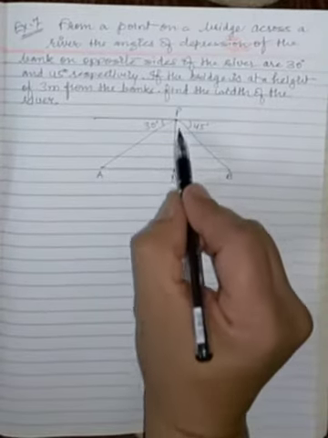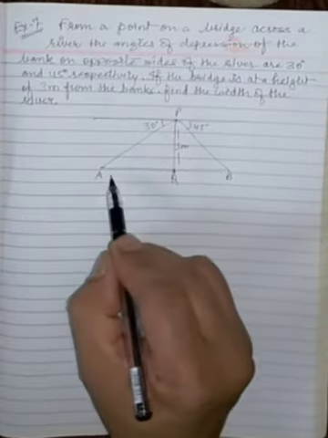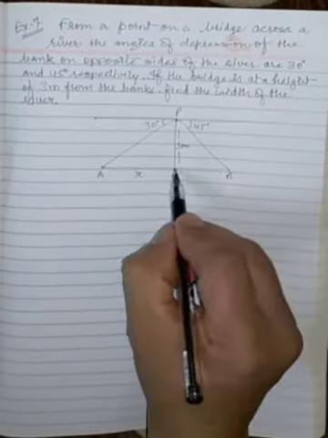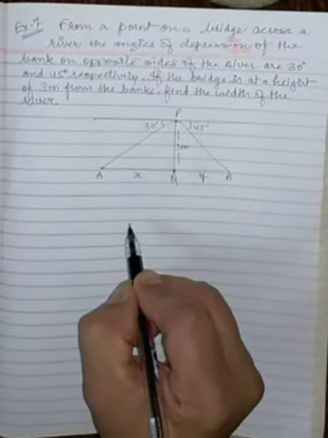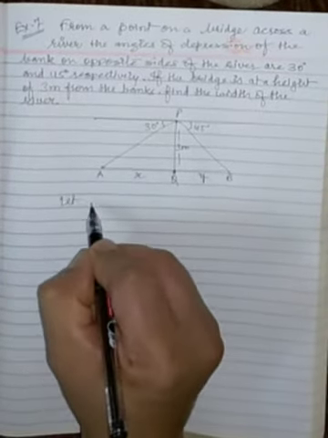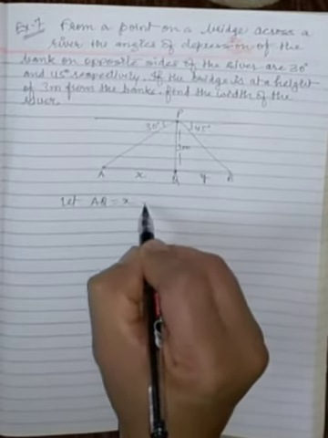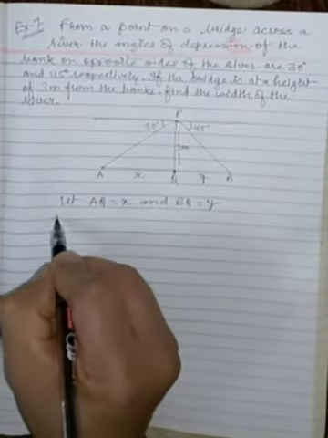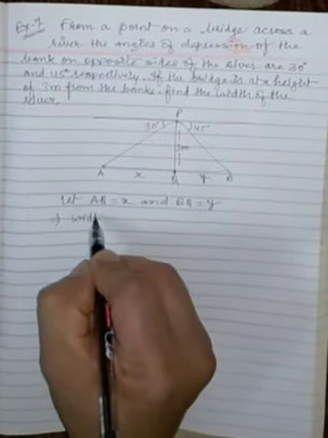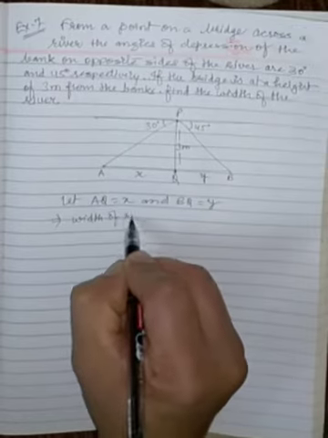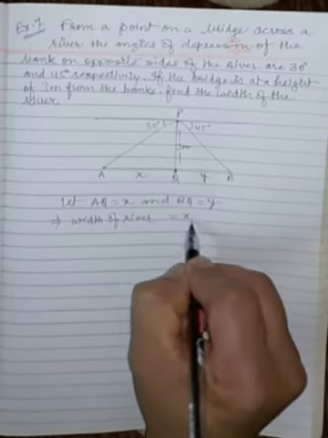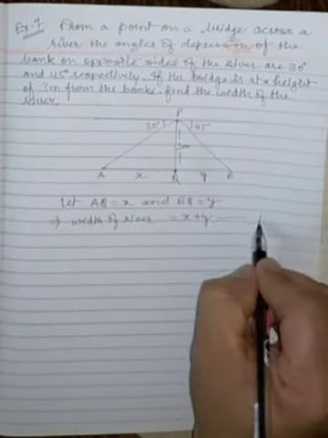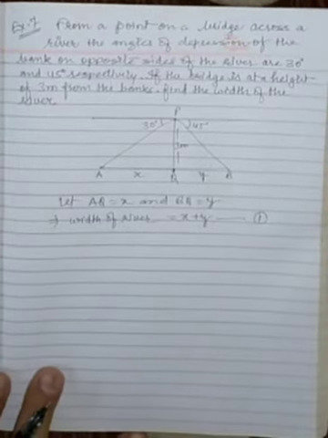Now since because of this height PQ, AB is divided into two parts, so let AQ is equal to X and BQ is equal to Y. This implies that the width of river will be equal to X plus Y. Let this be first equation.